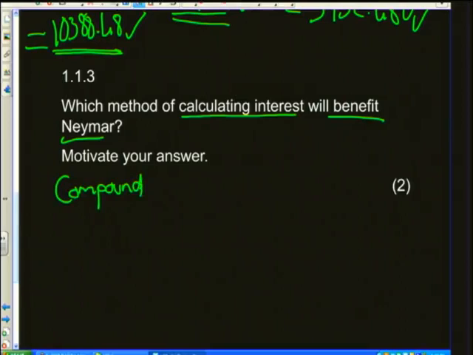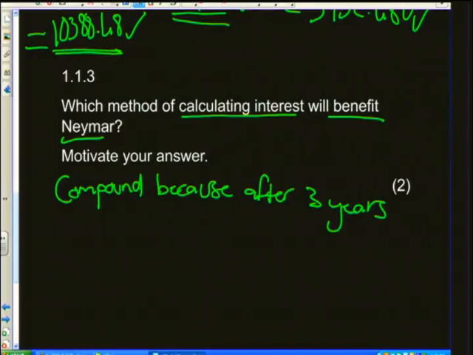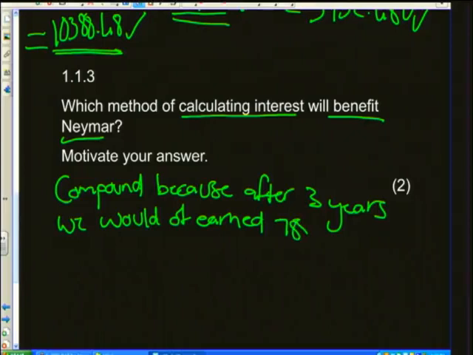Now we need to motivate our answer. Why are we going to go with compound interest? Because after 3 years, we would have earned R788 and 48 cents more than simple interest.